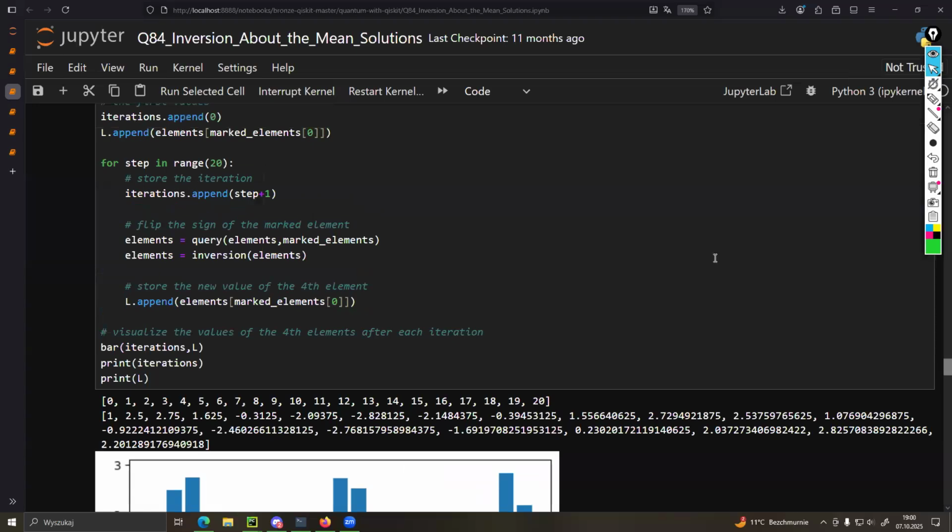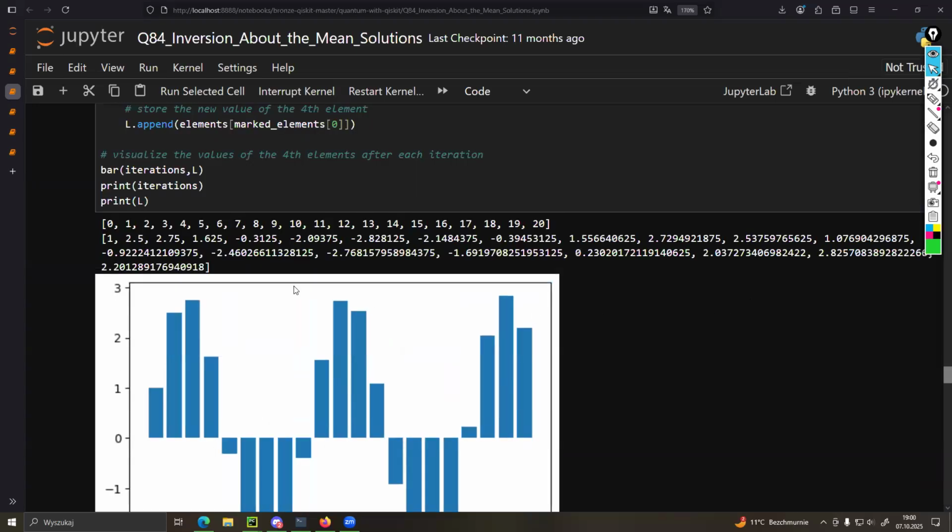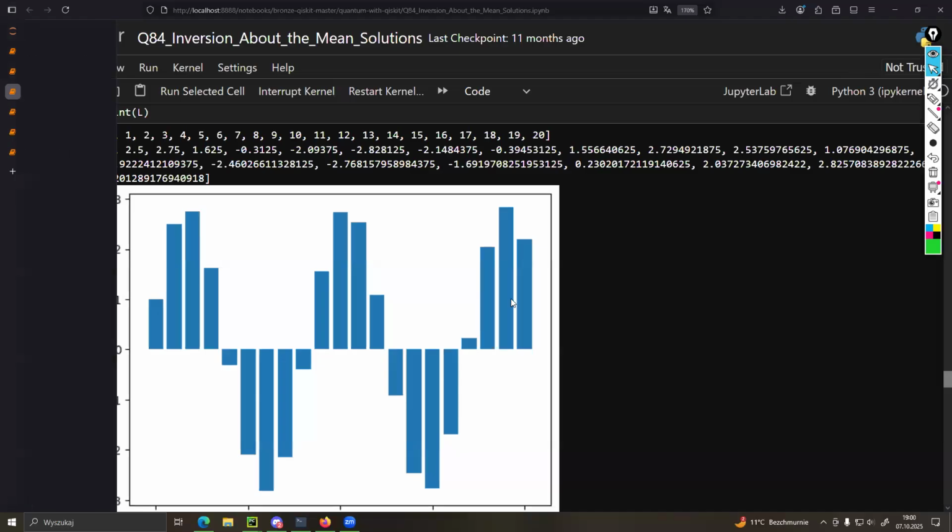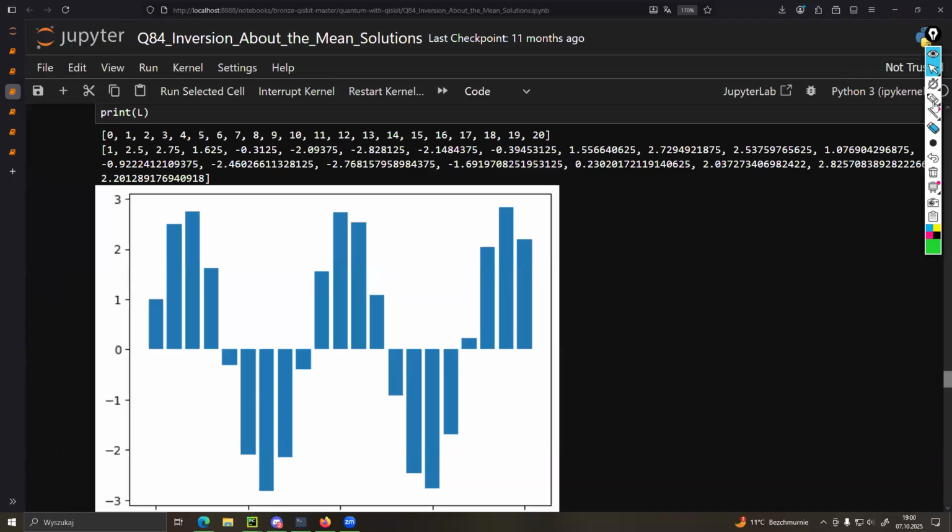So this was the case of a single value. There is yet another depth, another layer of depth to this algorithm.